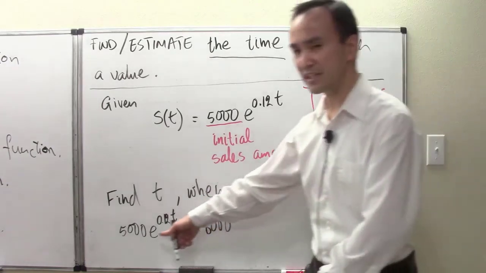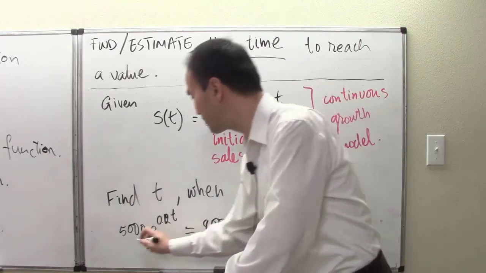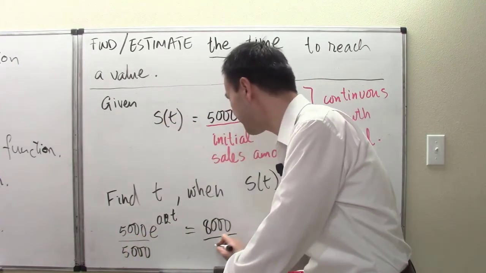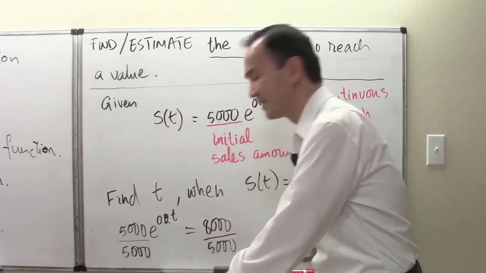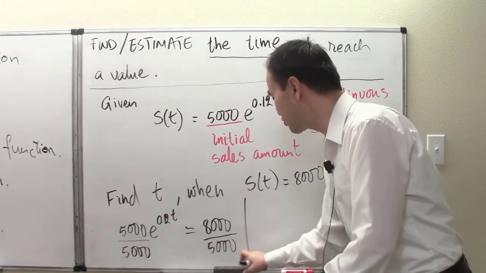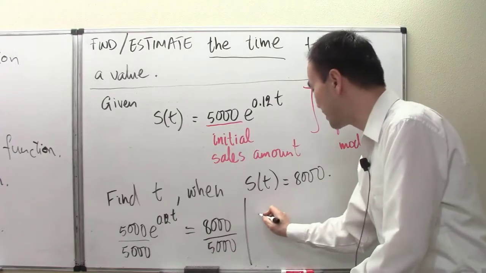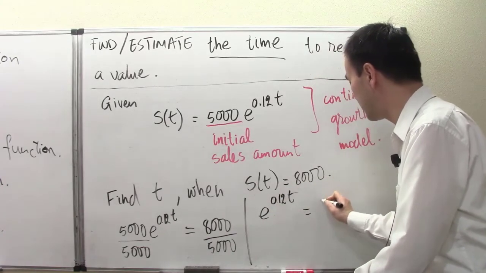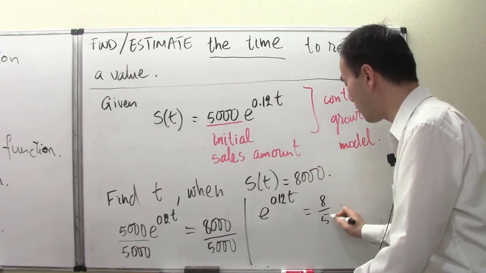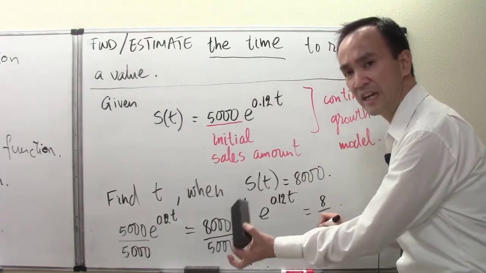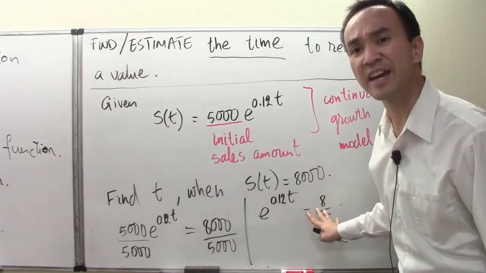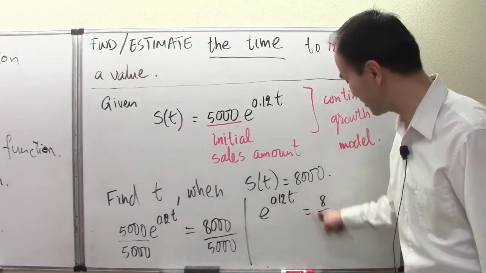So my first step in solving this exponential equation is to divide both sides by 5,000. That reduces my equation to e to the 0.12t equals 8/5. I don't always have a calculator immediately in hand, so I tend to adjust my style.